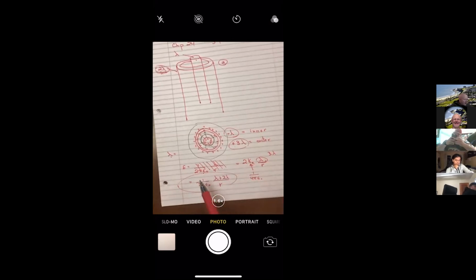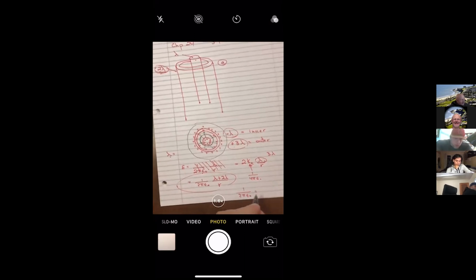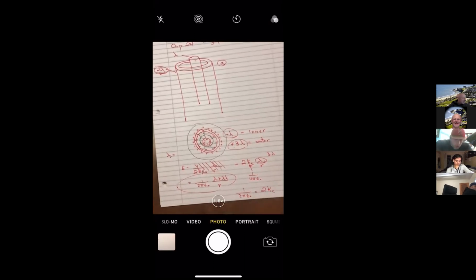I guess what I'm trying to say is my 1 over 2 pi epsilon naught is the same as 2 times Coulomb's constant. So we could write it this way or that way. And they chose to write it this way, but to finish the problem, writing it this way makes more sense.